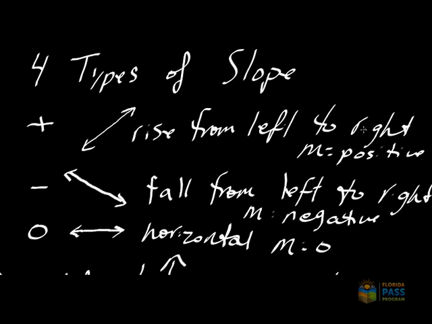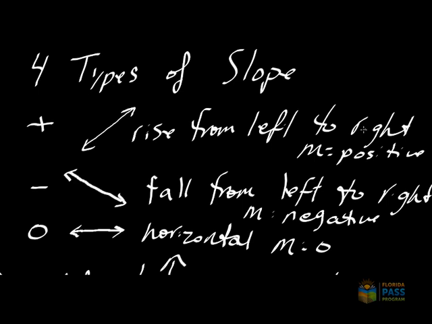The second type of slope is your negative slopes. They fall, opposite of rise. They fall from the left to the right. M is negative, so it's going to be m equals -2, or m equals -3 over 2. They have to be a negative number to fall.